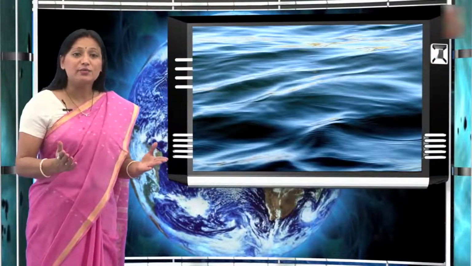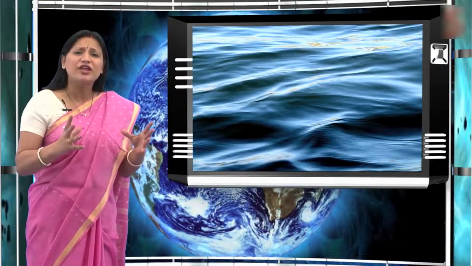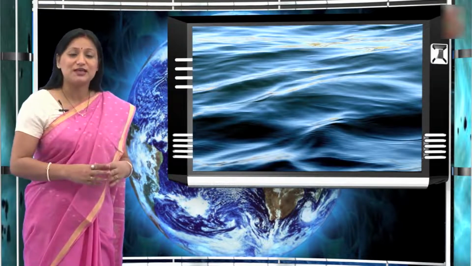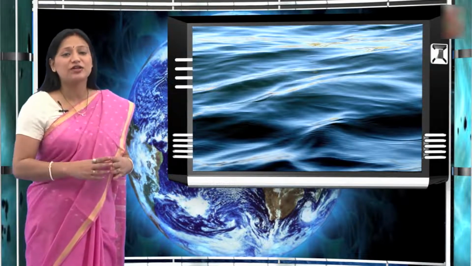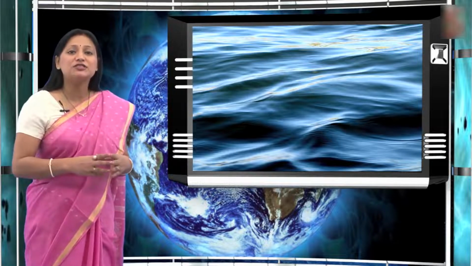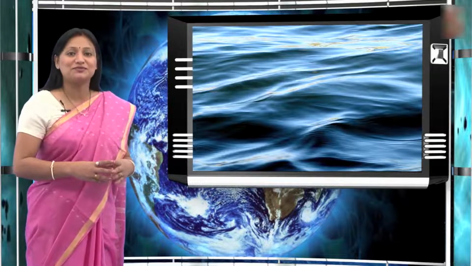Students, we have seen how the internal processes take place in the earth. Now, let us have a look at the external processes. The external elements like air and water work rigorously that result in wearing away of the surfaces. The constructive and destructive energies of the air and water result in the diversity of present landforms.